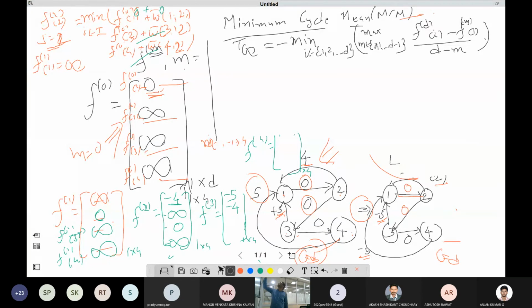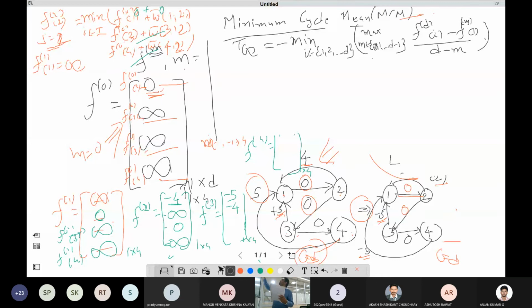So T infinity is minus of minimum i belongs to 1 to D, maximum m belongs to 0, 1 to D minus 1, f of D i minus f of m i over D minus m.